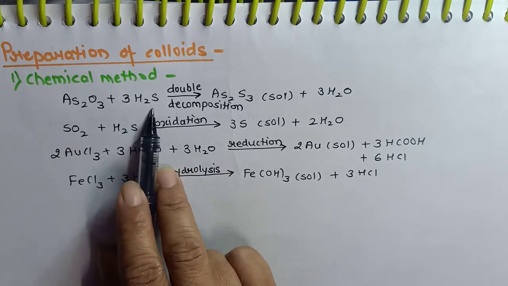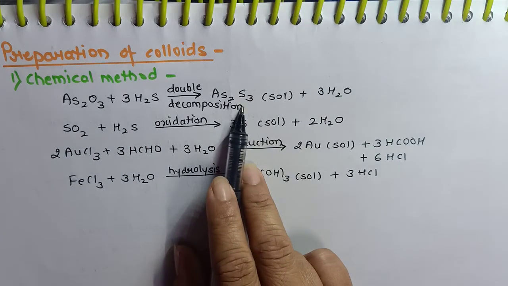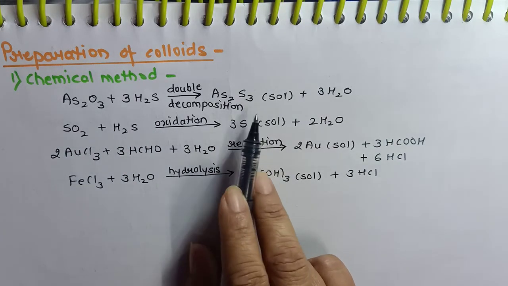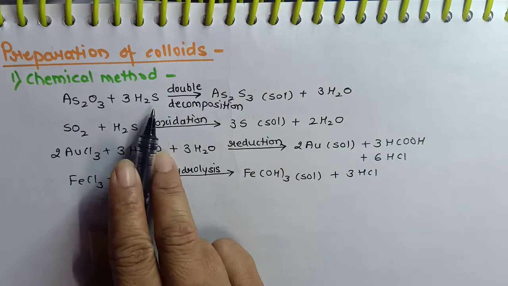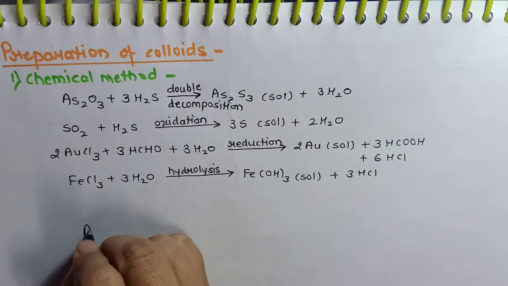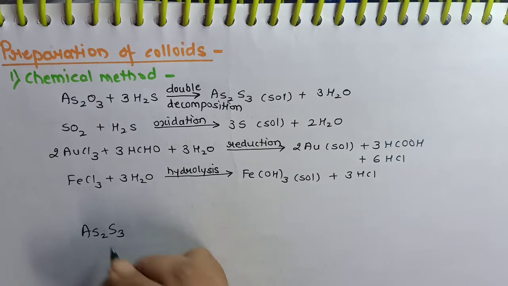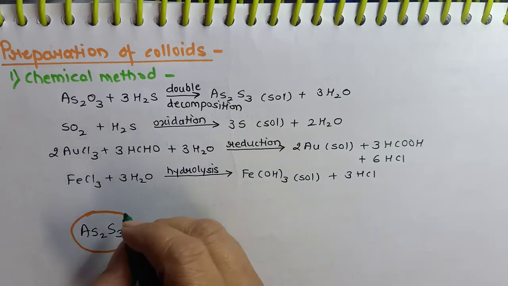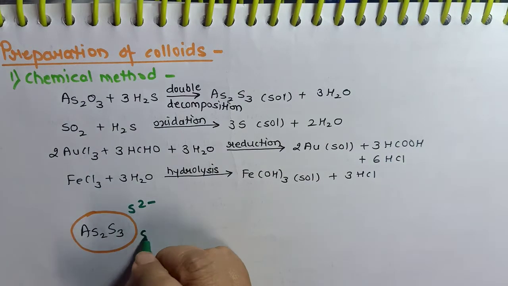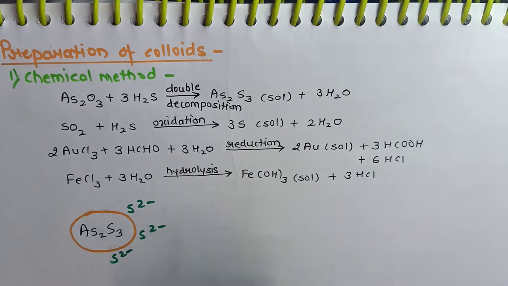Arsenic oxide when treated with hydrogen sulfide gives sol of arsenic sulfide. How does this sol get obtained? Now when this reaction is carried out, we get the precipitate of arsenic sulfide. Okay, that is a sure thing. Now this precipitate of arsenic sulfide will have adsorbed charges of S2 minus.